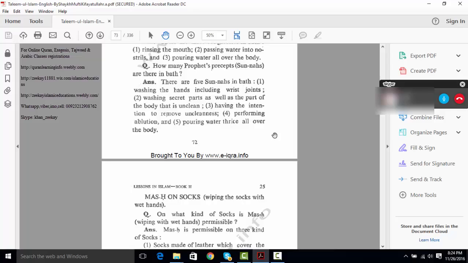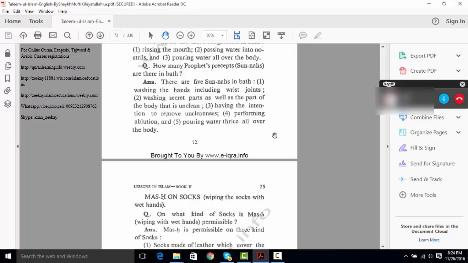So, five sunnat in bath. Number one, washing the hands, including wrist joints. Number two, washing secret parts as well as the part of the body that is unclean. Number three, having the intention to remove uncleanness. Number four, performing ablution. You should also do ablution during your bath. And then number five, pouring water thrice all over the body.